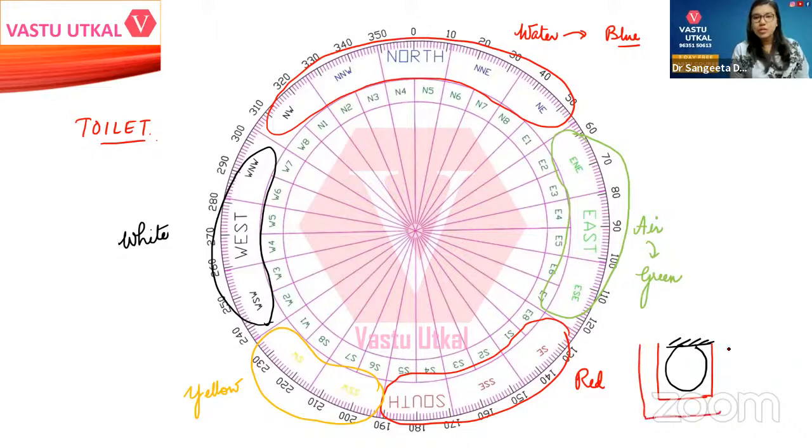This is how the taping would look like. And the taping width should be 4 inches wide. So the various colors are discussed over here and you have to use that very same color tapings for your toilet.